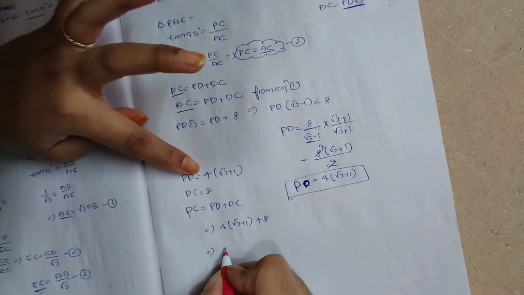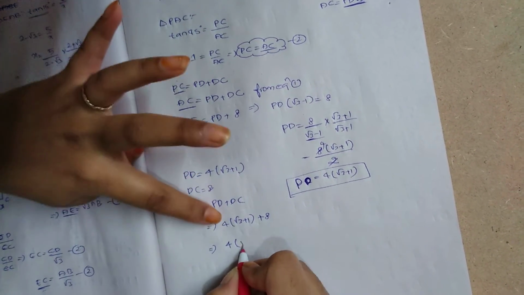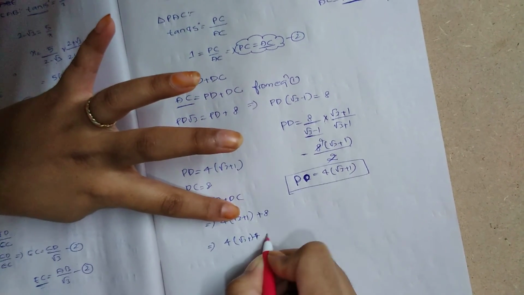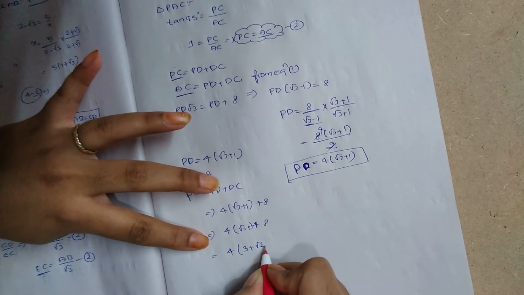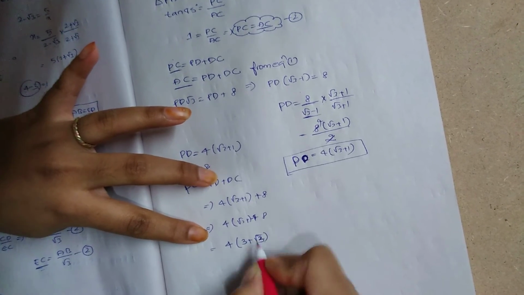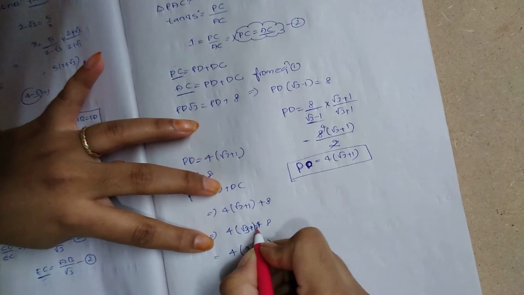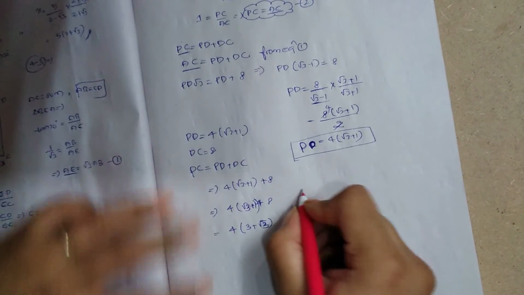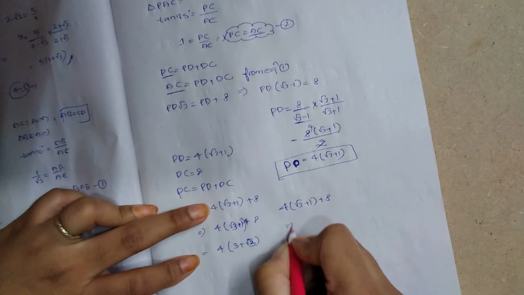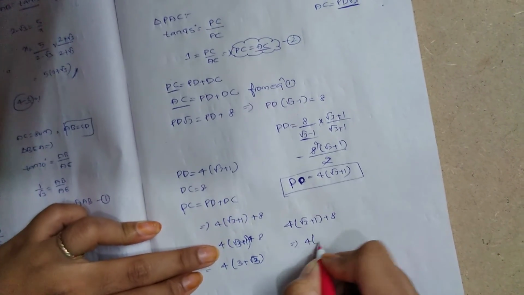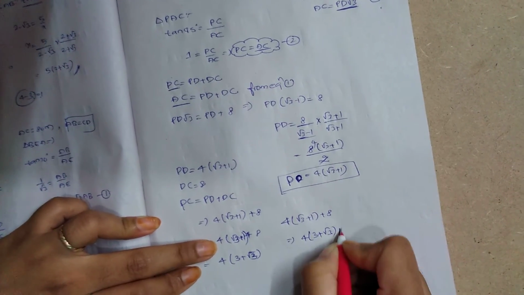What is the final answer? I'm writing it again. Root 3, sorry. Here it is root 3, right? Agree? What is it? 4 of root 3 plus 1 plus 8, which is 4 into 3 plus root 3.